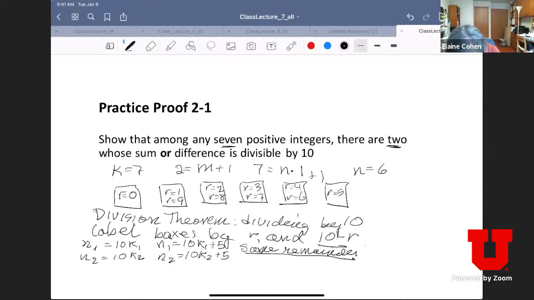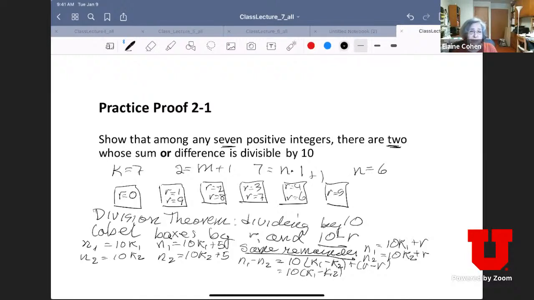In that case, we have N1 is equal to 10K1 plus R, and N2 is equal to 10K2 plus R. So N1 minus N2 is equal, I'm skipping a couple of steps here, to 10K1 minus K2 plus R minus R, which is 10 times K1 minus K2.